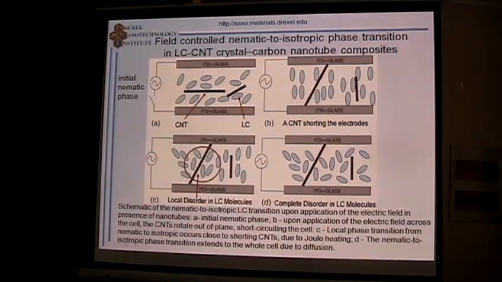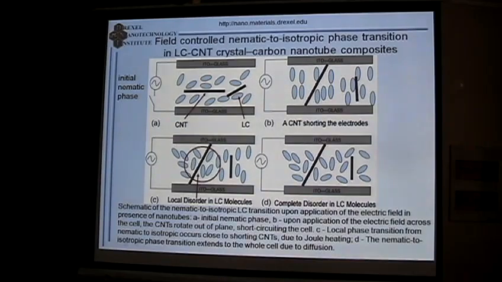Now, a few more people asked me about carbon nanotubes and liquid crystals. There has been some work done in the literature. I even got involved with one of my colleagues, Professor Adam Fontecchio, who is a liquid crystal guy. I'm not myself. I'll just show you a couple of slides to briefly tell you what we did.